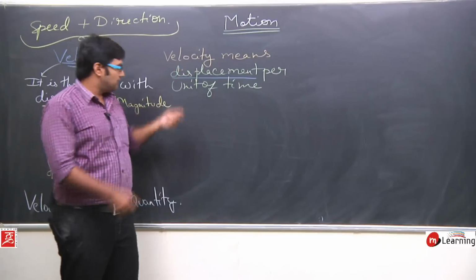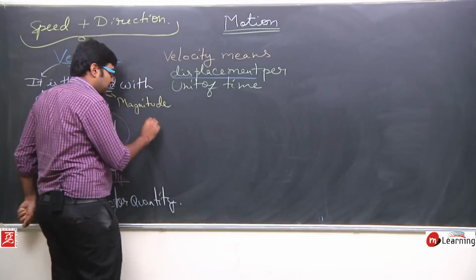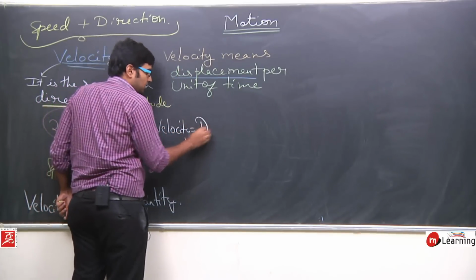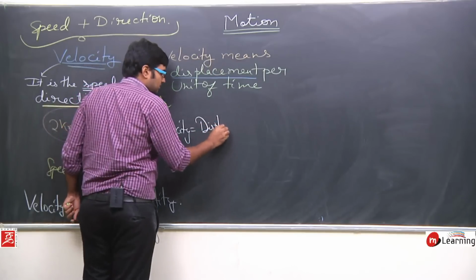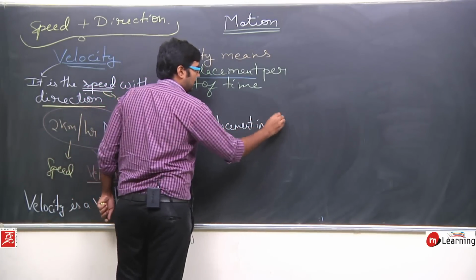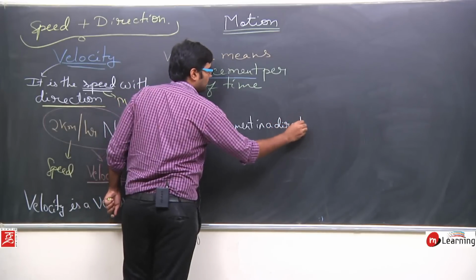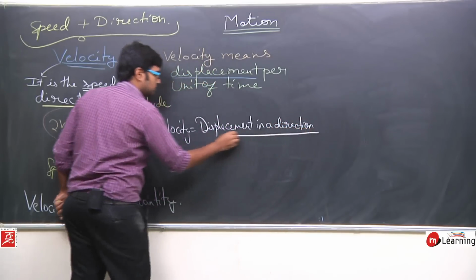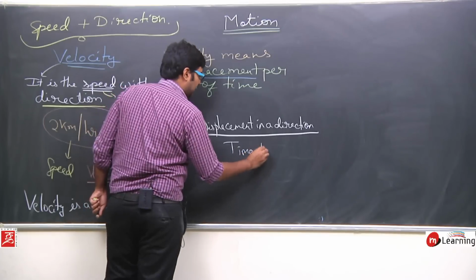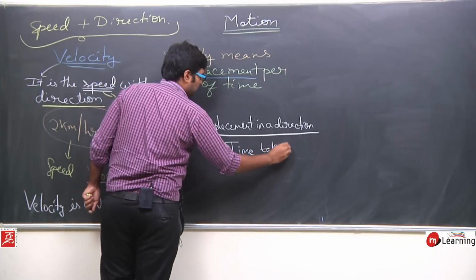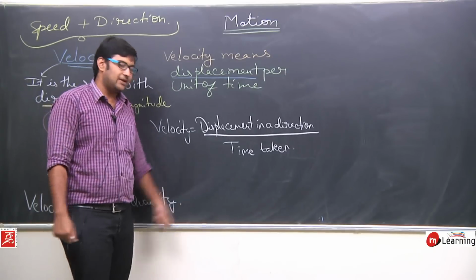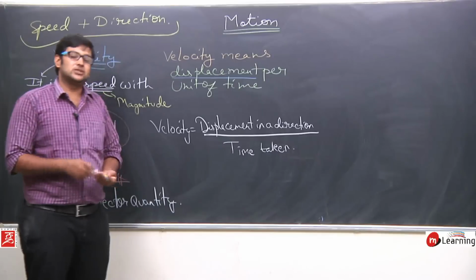So velocity is displacement in a direction upon time, the time taken to travel. Displacement in some particular direction divided by time taken represents the velocity.